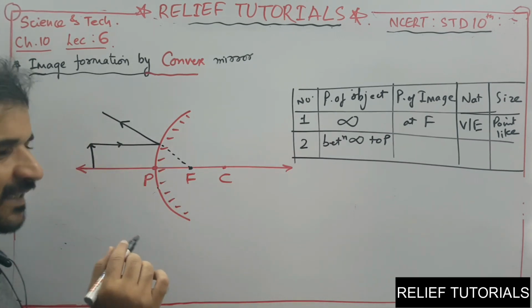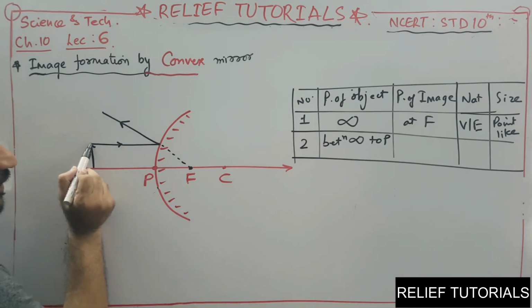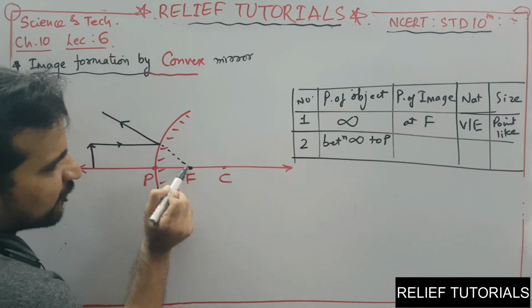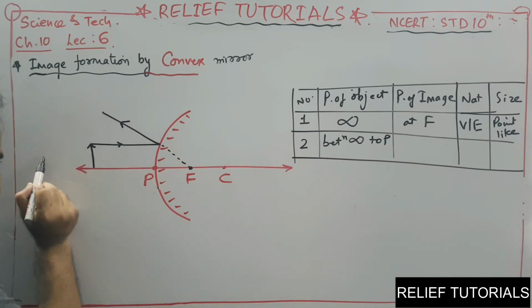You can use the second rule that if the incident ray goes virtually from F, it will reflect parallel.